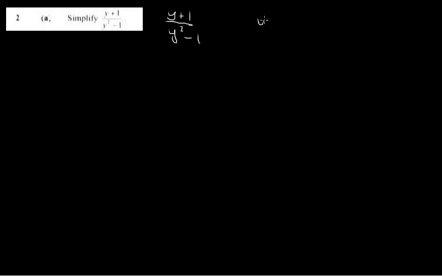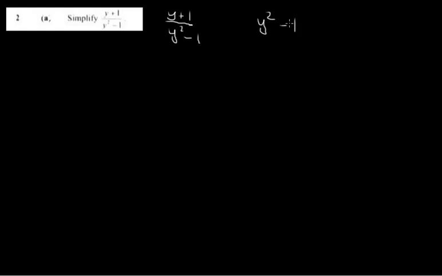Whenever you see something like this, where you have a square and another square this side, you should always remember there's something called the difference of two squares. So this is a square, this is also a square. Why am I saying it's a square? Because when you square root 1, you get 1. So 1 squared is 1.